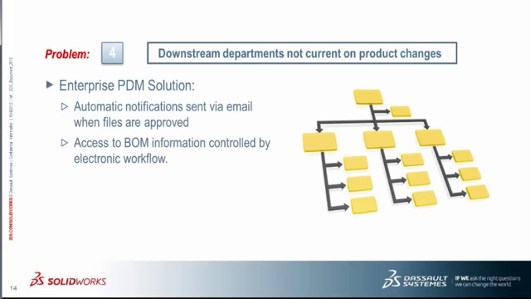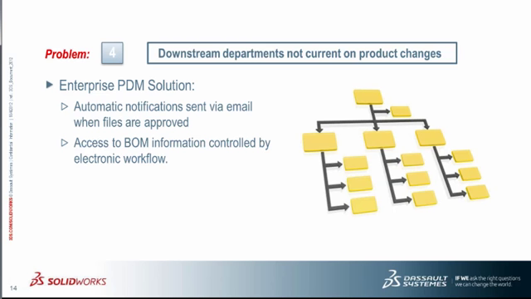And we can tie into any SMTP compliant email system like Outlook or Lotus Notes, as well as there's an internal notification system inside the PDM if you don't want to use your other email client.